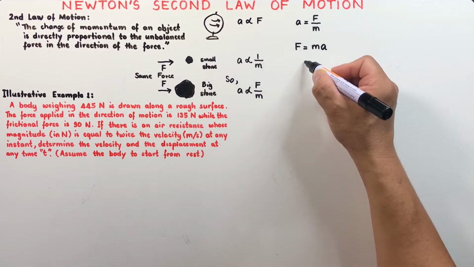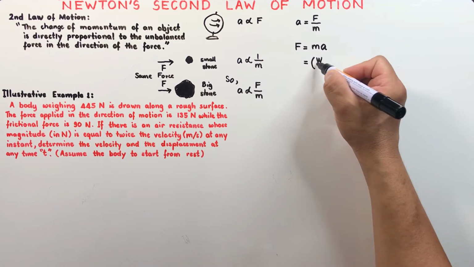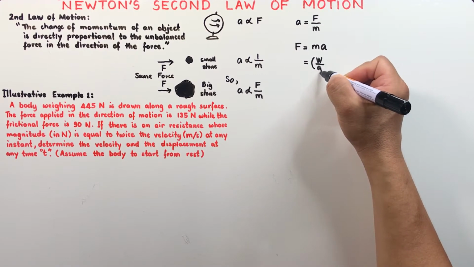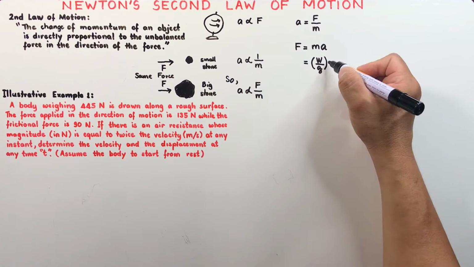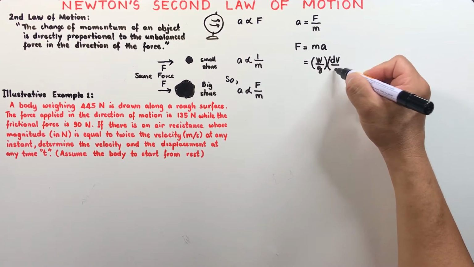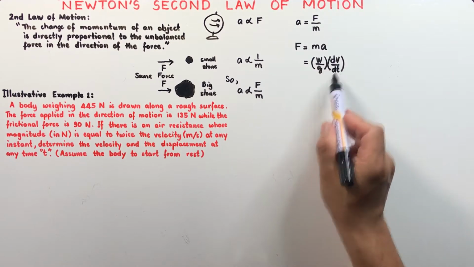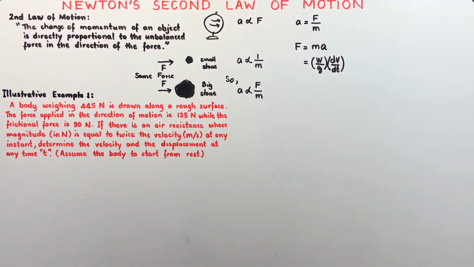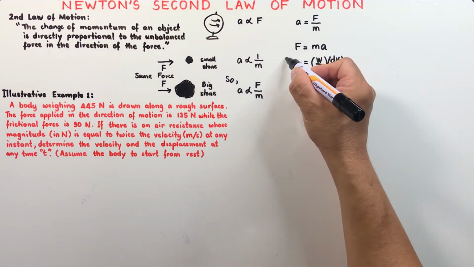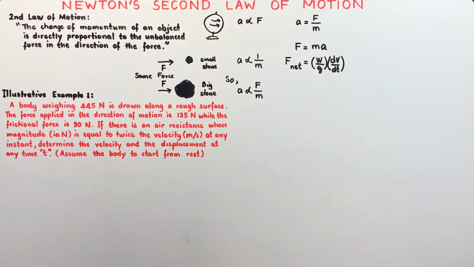Now, take note that the mass is the weight over the acceleration due to gravity times dv/dt, because acceleration is the change in the velocity with respect to time in mathematics.